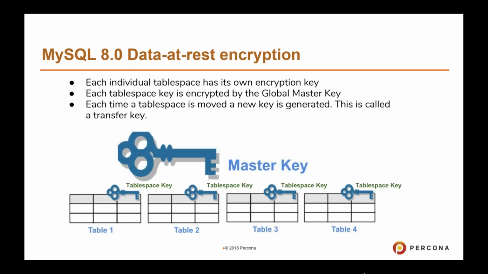Whenever you want to access particular data, the master key will go to the header and make sure that it matches with the private key, and after a successful handshake, it will allow you to access your data.